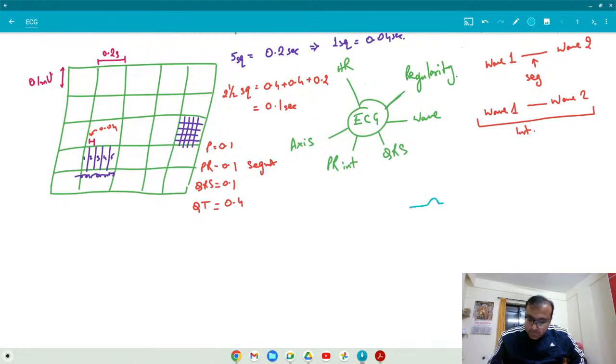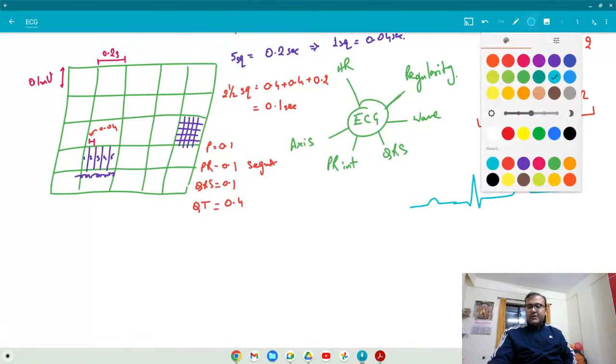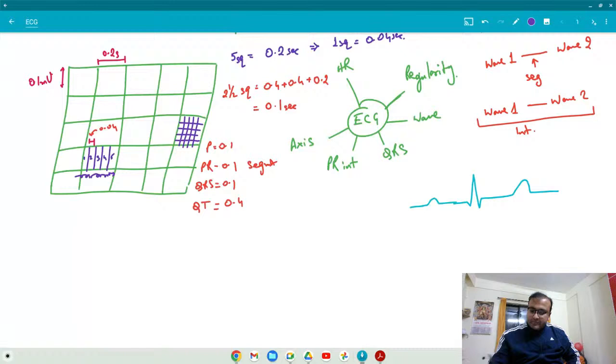Suppose this is our wave, okay? So there is no confusion now. Now you know all the details of it. Every galvanometric deflection is called as a wave. What is a wave? Every galvanometric deflection is called as the wave. So the purple ones are all waves.